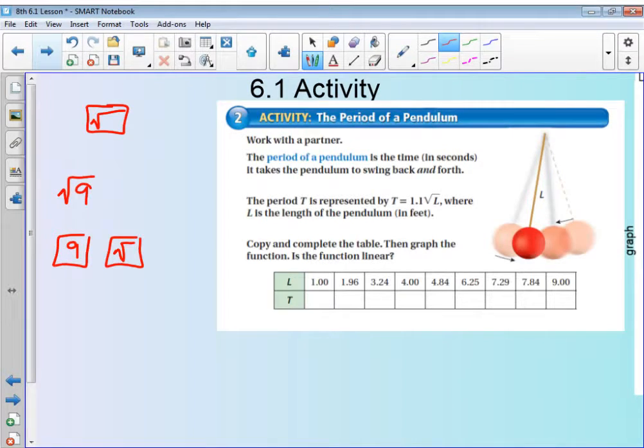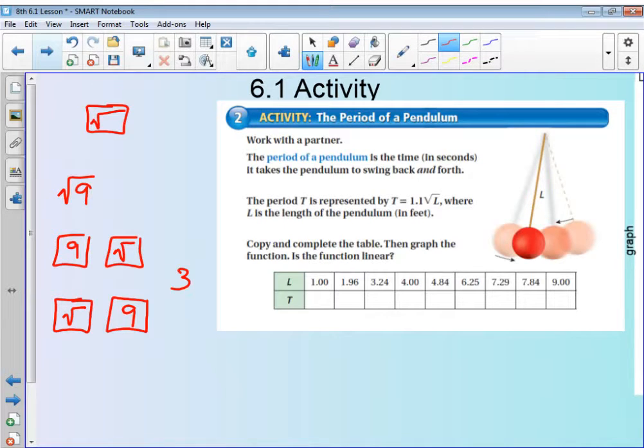Now, if you do that on your calculator and you get an error or it doesn't give you an answer, then you need to reverse your buttons. Some of you might have to do square root first and then your number. So you're going to have to practice that. In either case, once you figure it out, you should get a 3 for an answer. So you're going to have to figure out which of those methods your calculator uses.